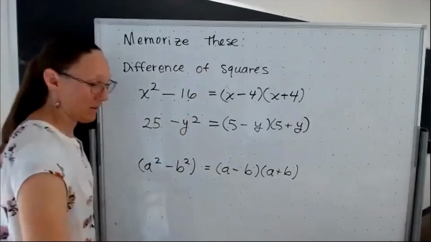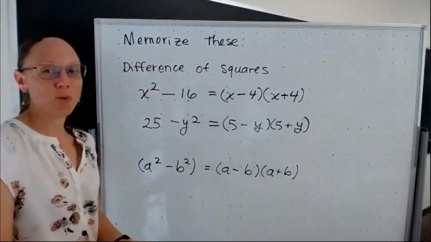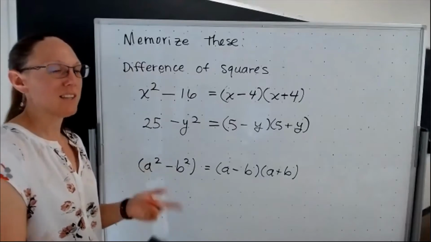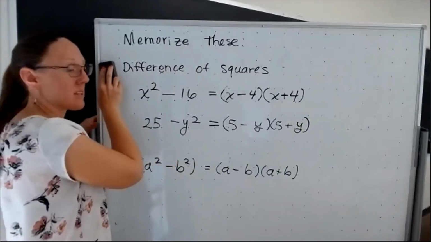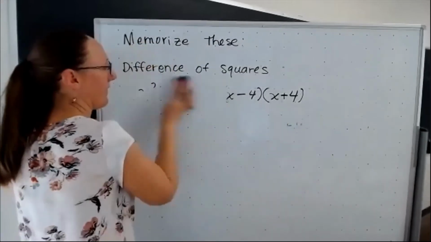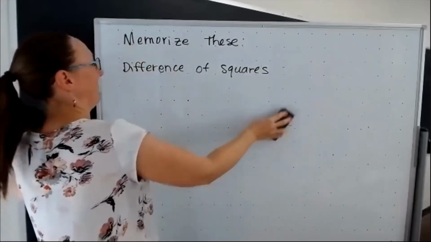Memorize difference of squares. We've got another one, which is the sums and difference of cubes. This is another one that you're going to need to memorize. So I'm going to erase this, and then we'll get to the fun factoring.